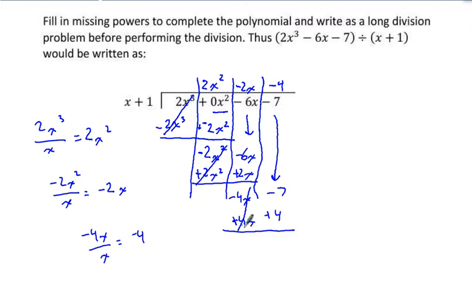Negative 4x plus 4x cancels, so our division was good. Negative 7 plus 4, negative 3. There's nothing left to bring down, so we are finished and have a remainder of negative 3. Again, we'll write that answer: 2x squared minus 2x minus 4 plus negative 3 divided by x plus 1.